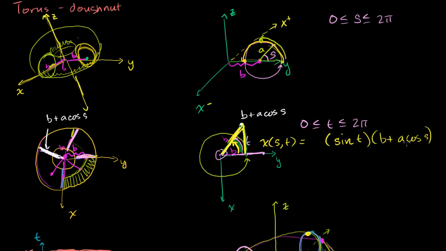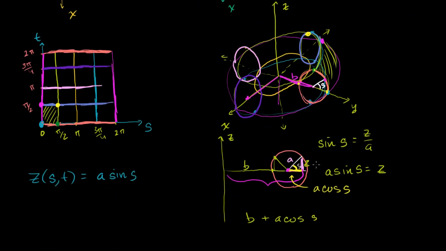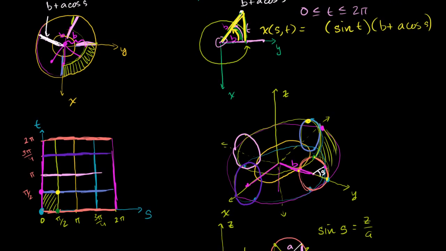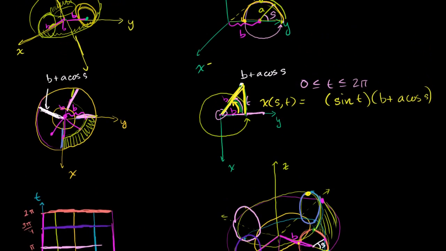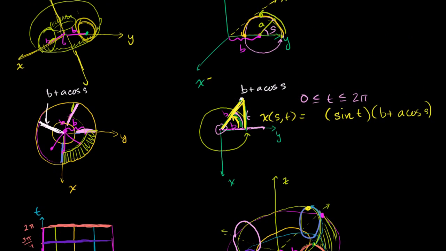That is b plus a cosine of s. We got that from taking a cut of the torus. That's how far we are in the xy direction at any point, or radially out, without thinking about the height. And then if you want the x coordinate, you multiply it times the sine of t, the way I've set it up here.